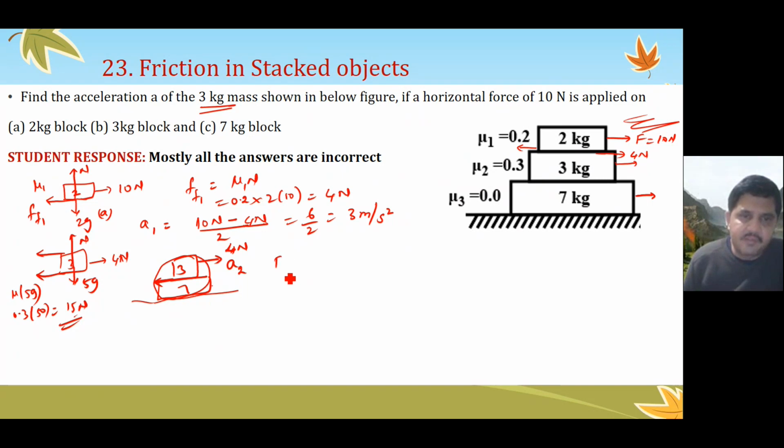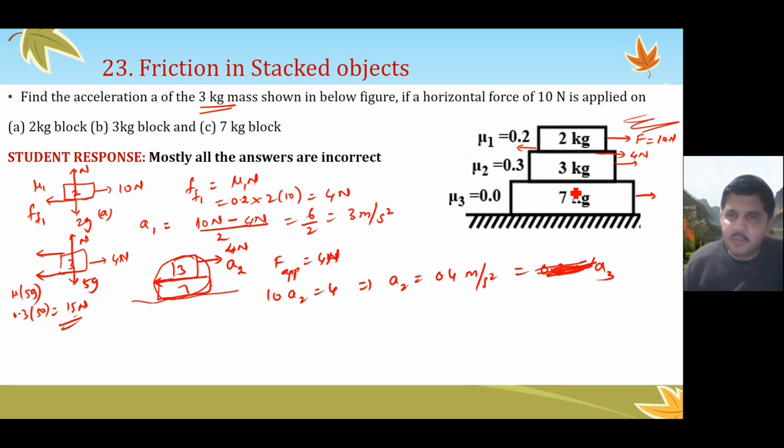So the applicable force F applied is equal to 4 Newton. Now mass into acceleration. What is mass here? 3 plus 7, 10. 10 times A2 is equal to 4. This implies A2 will be equal to 0.4 meter per second square, which is also equal to A3.